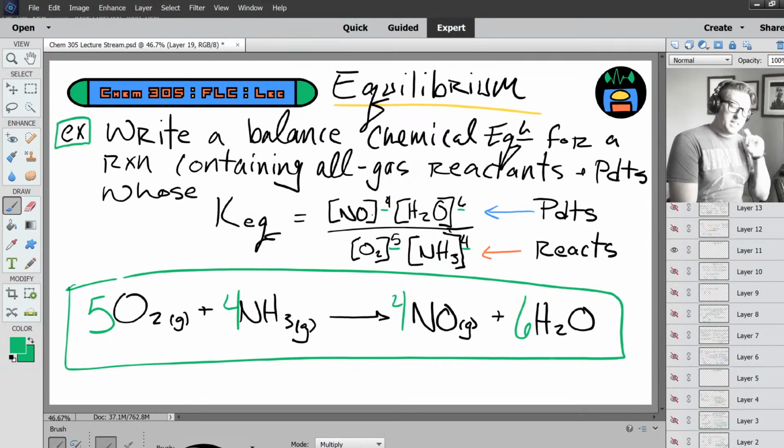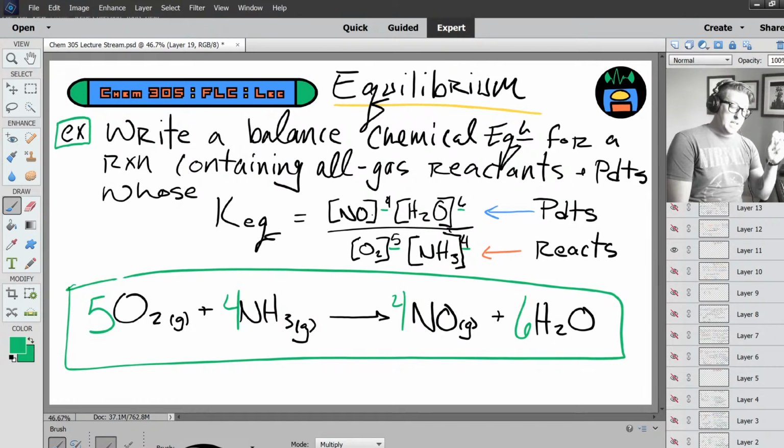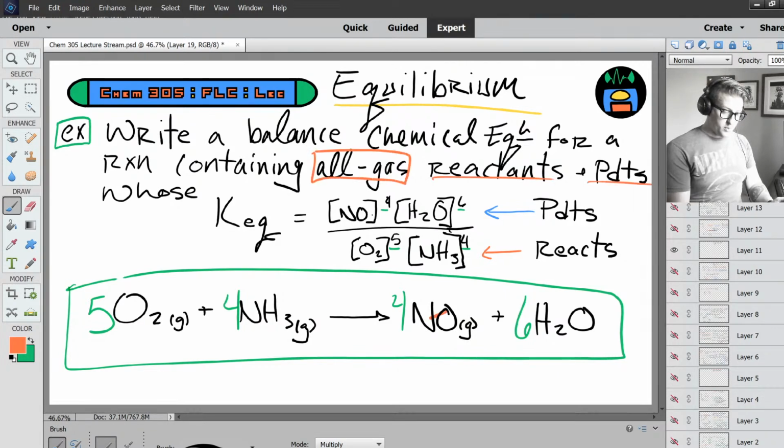Water can be a liquid or a gas. It doesn't have to be in the liquid phase. It can actually be a solid too, right? Liquid, gas, or solid. And in this specific problem, we're told that we have all gas reactants and products. So here, we actually don't have liquid water. We have water vapor, otherwise known as steam.